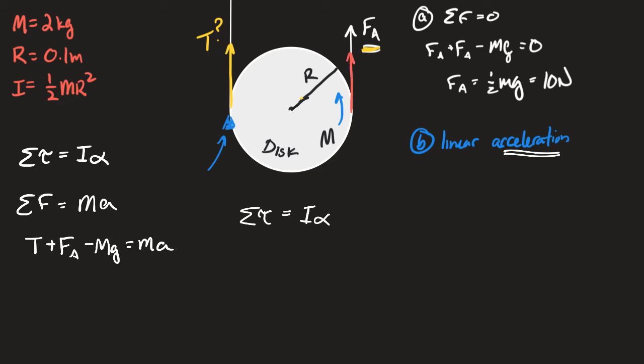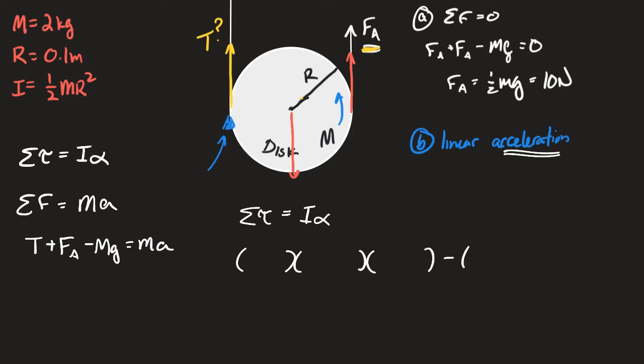And it's going to cause a counterclockwise torque, or one that, using my right-hand rule, comes out towards me. But there's also going to be a torque from the weight, which is going to be a clockwise torque, which means into the page.